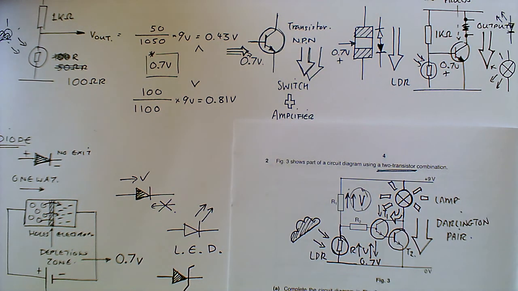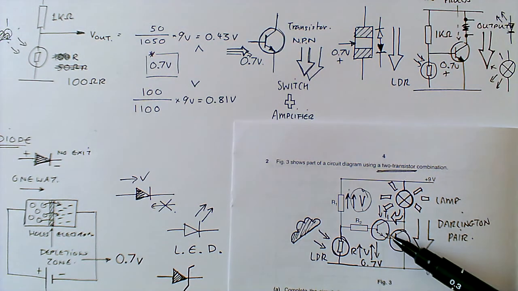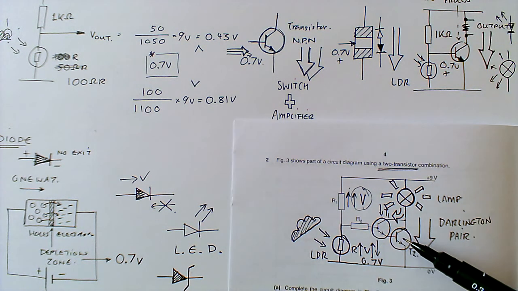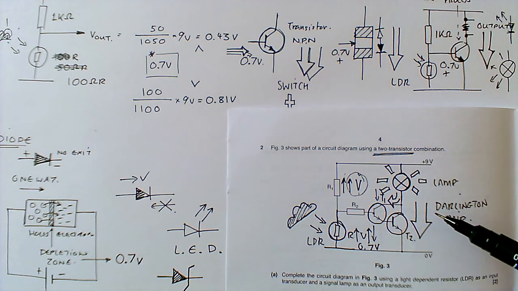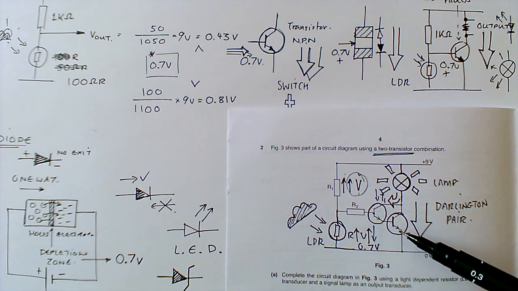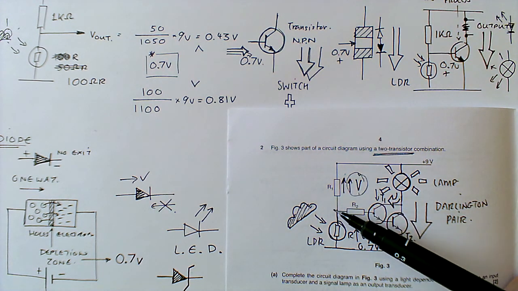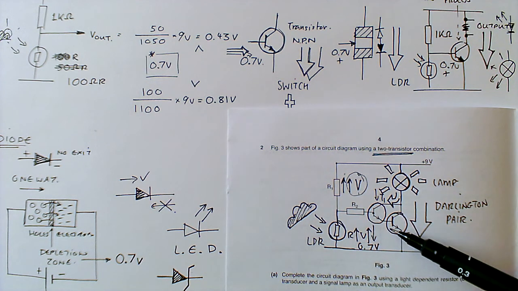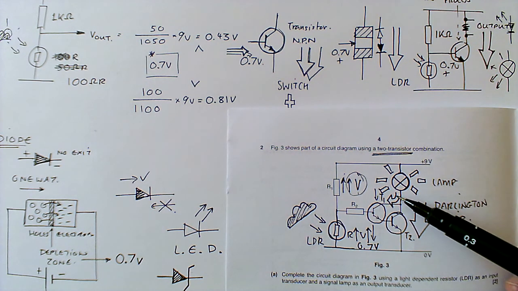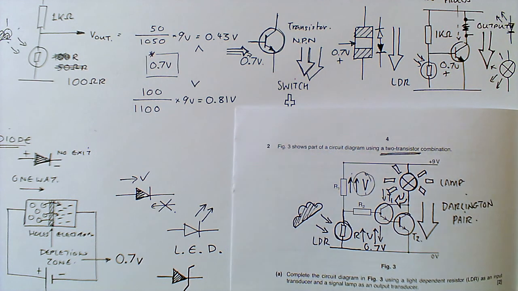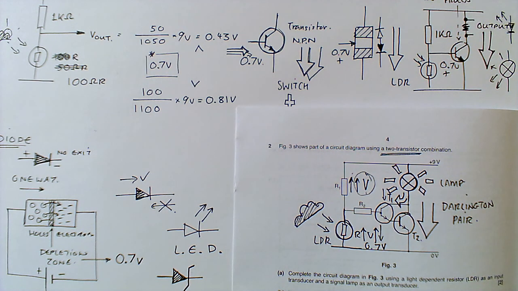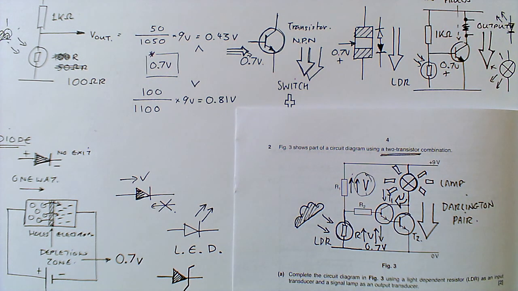And then we've seen how 2 transistors can work together to act as what's called a Darlington pair, which is a more sensitive arrangement to allow an input, a process and an output. I hope that's been useful, and we'll continue talking about semiconductors in some of the later videos.